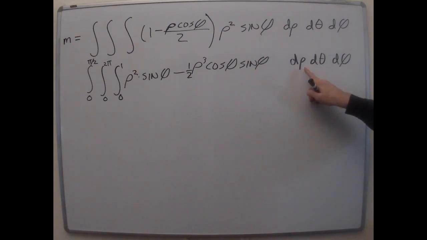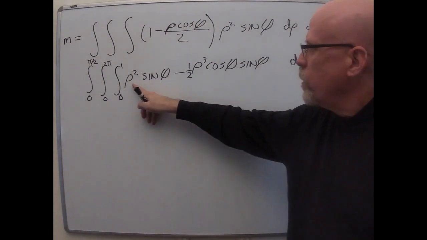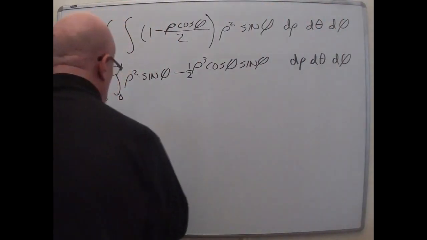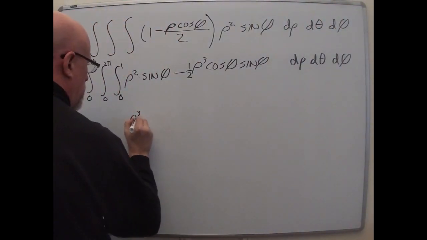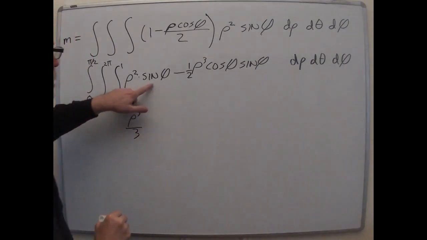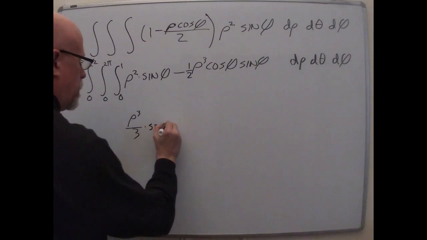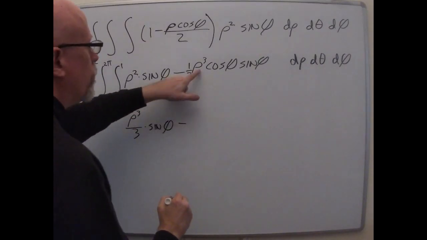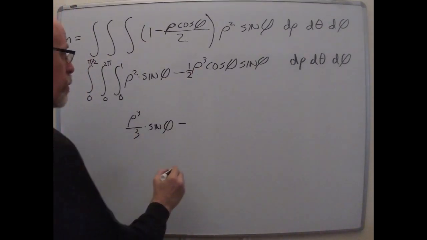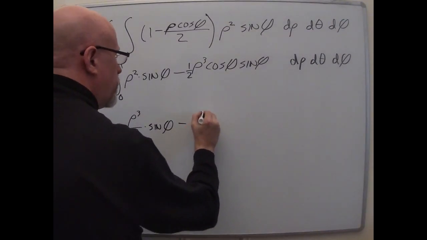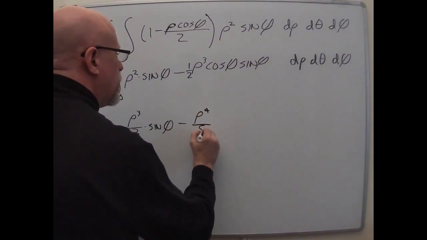When we integrate with respect to rho, the rho squared becomes rho cubed over 3, and sine phi is just a constant, goes along for the ride. And rho cubed becomes rho to the 4th over 4, which is going to end up being rho to the 4th over 8.